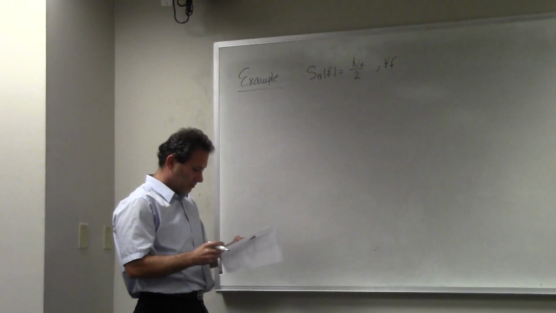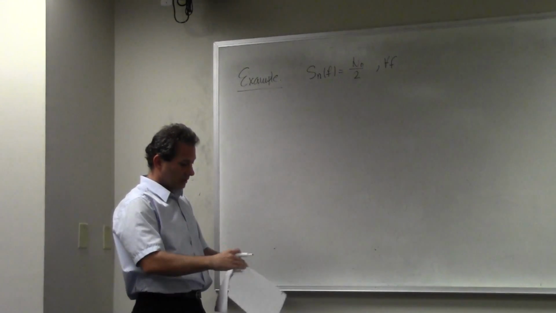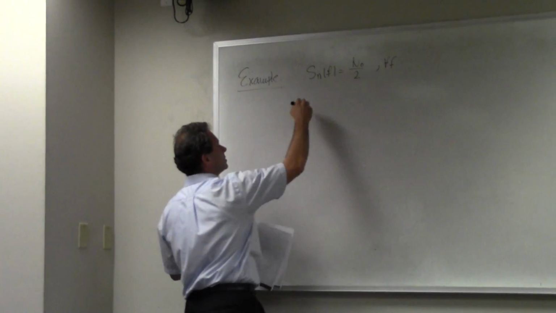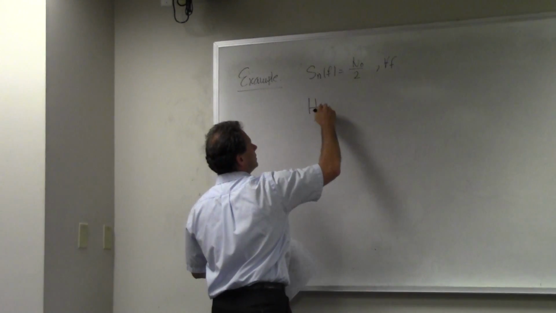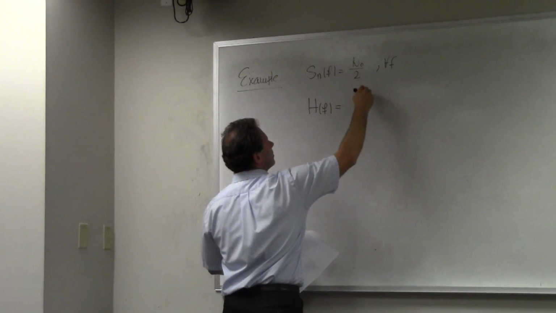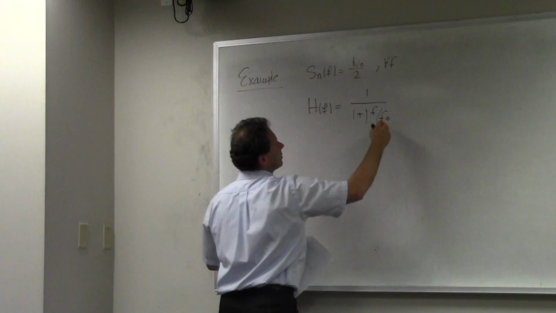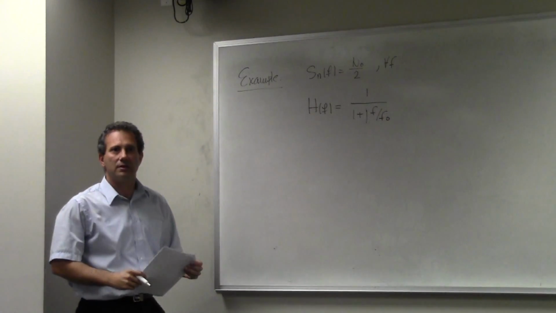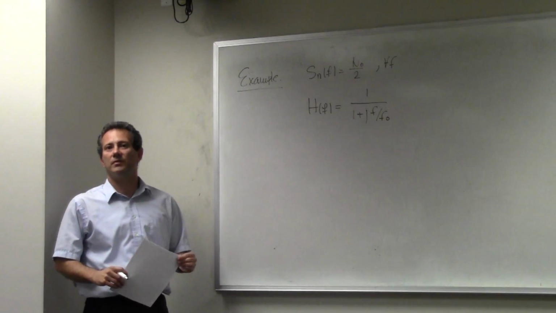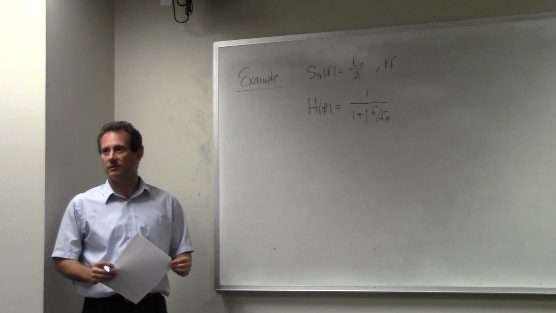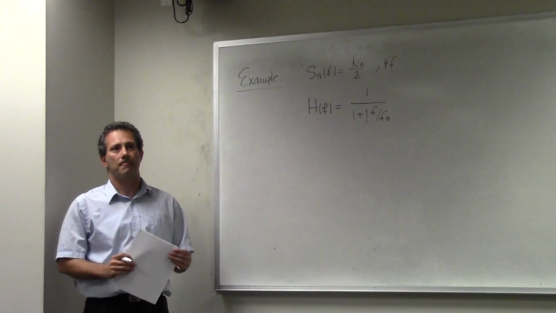We say that this process is passed through a filter with the following frequency response. H(f) of the filter is given as 1 over 1 plus j f over f0. This is obviously a filter. It's a linear system. What type of a filter are we dealing here? How do you check that?